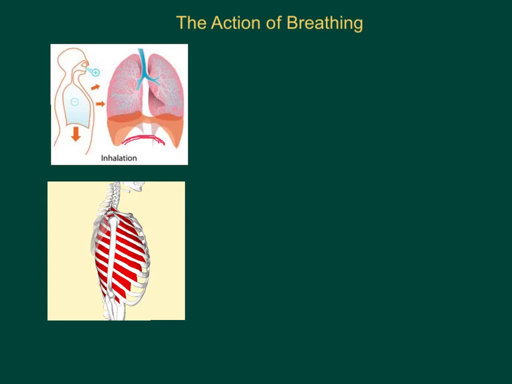Now what happens is, when we breathe in, that contracts and it flattens. Okay, just like that. So the first part of breathing in or inhaling is the diaphragm flattens, or we can say that it contracts.